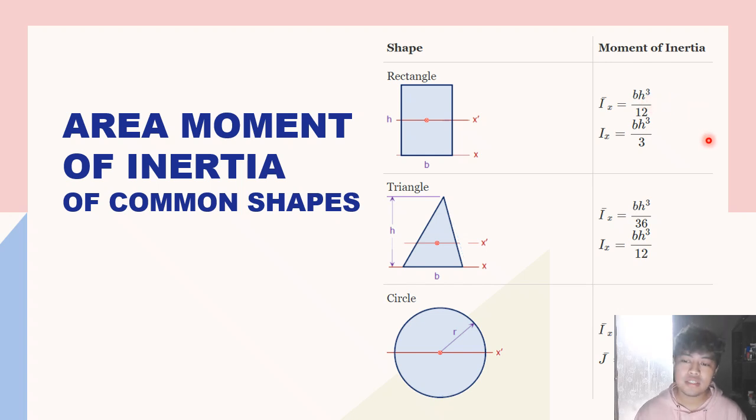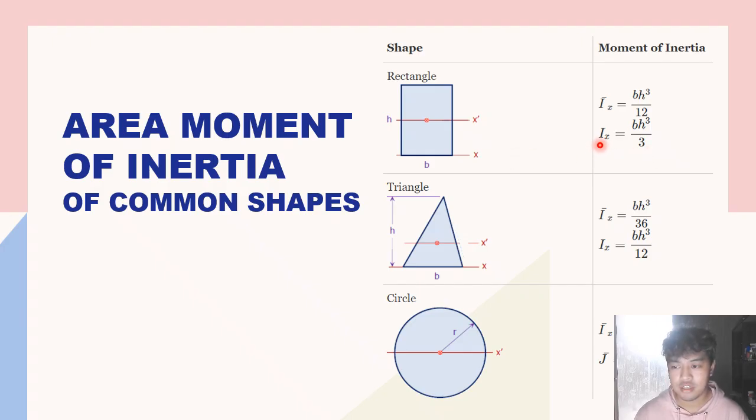Another method is if we use the reference axis at the bottom of the rectangle. In this case, we use the transfer formula. If you remember the transfer formula, if not, let us discuss that later on.